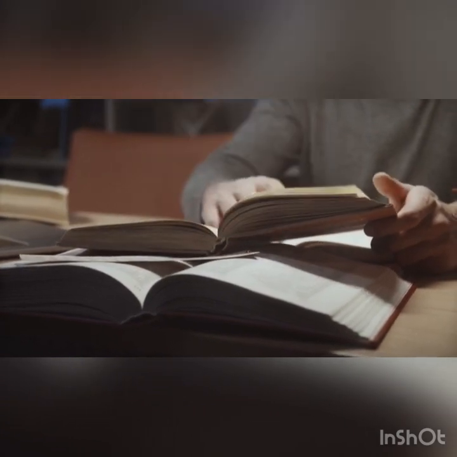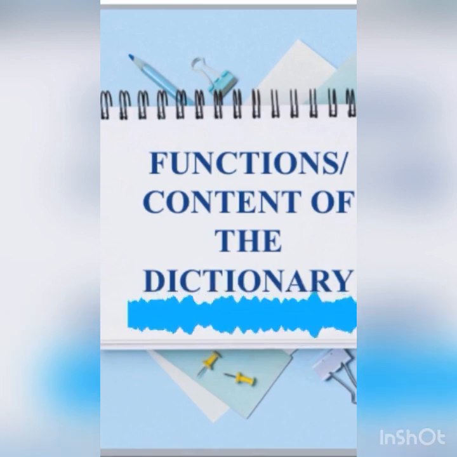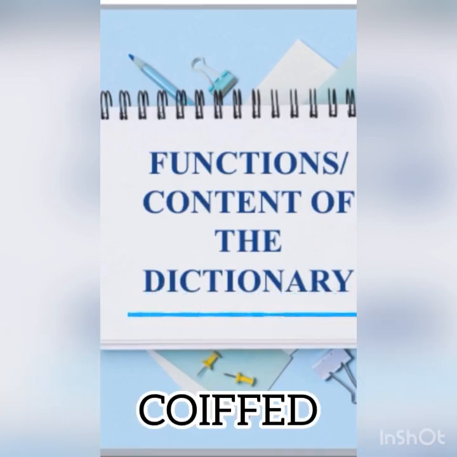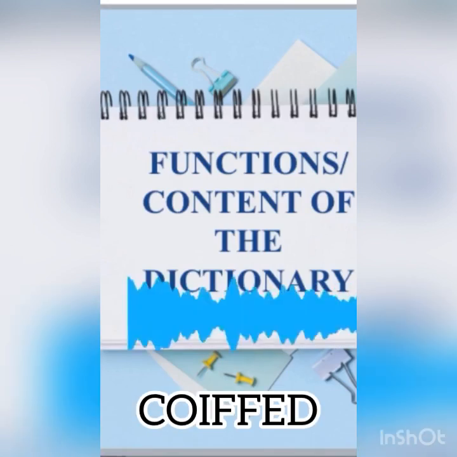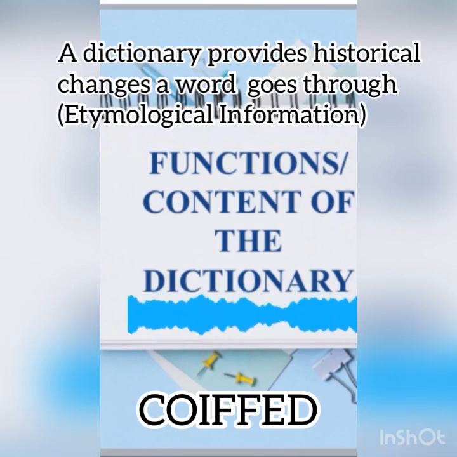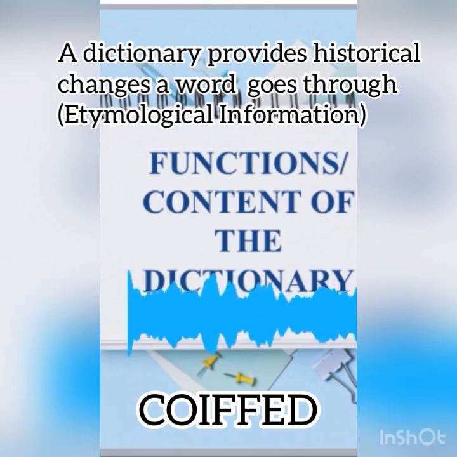So if we have our case study word COIFFED, remember that? Can you pronounce it? Okay, you tried, right? What did you say? I'll go on. The etymological information under this word would be that the word was first Latin, and it was first COFIA, meaning helmet, and then it morphed to Old French.